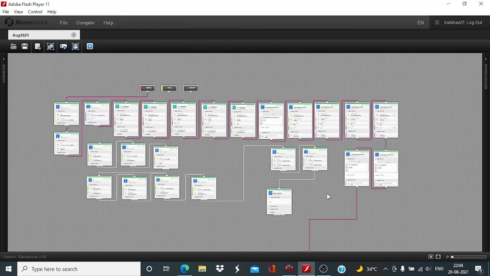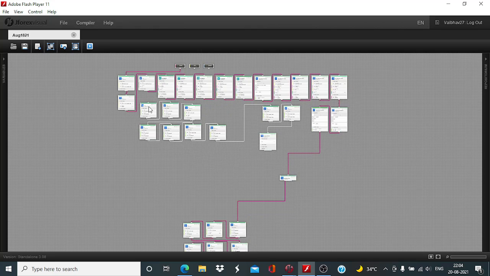Now let me arrange all these if blocks on the lower side, so our setup will look a lot better.